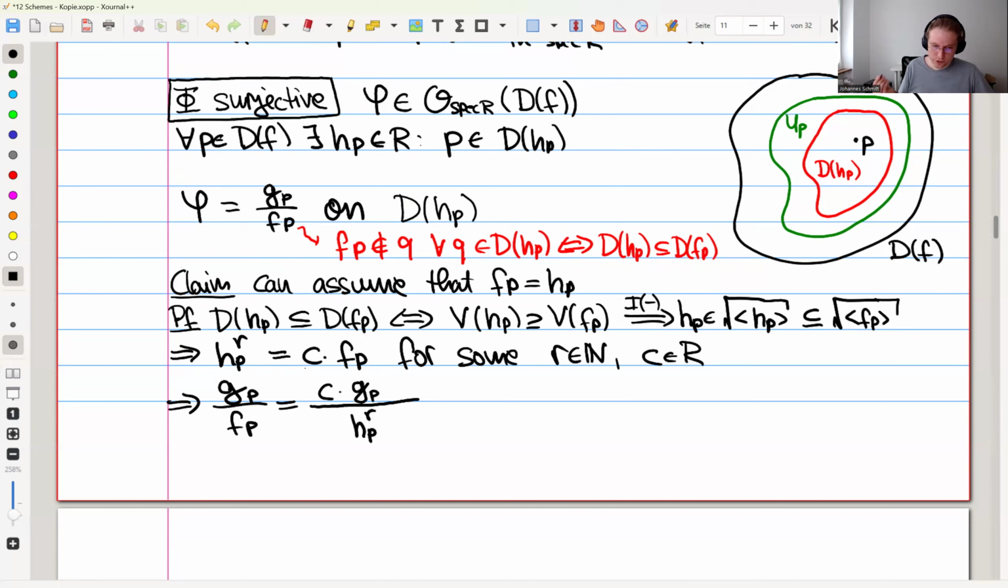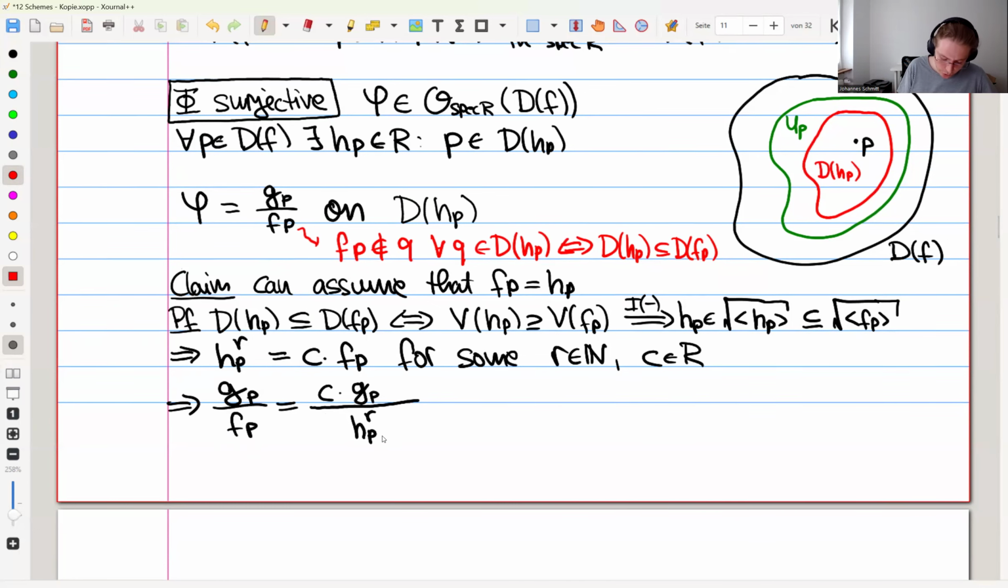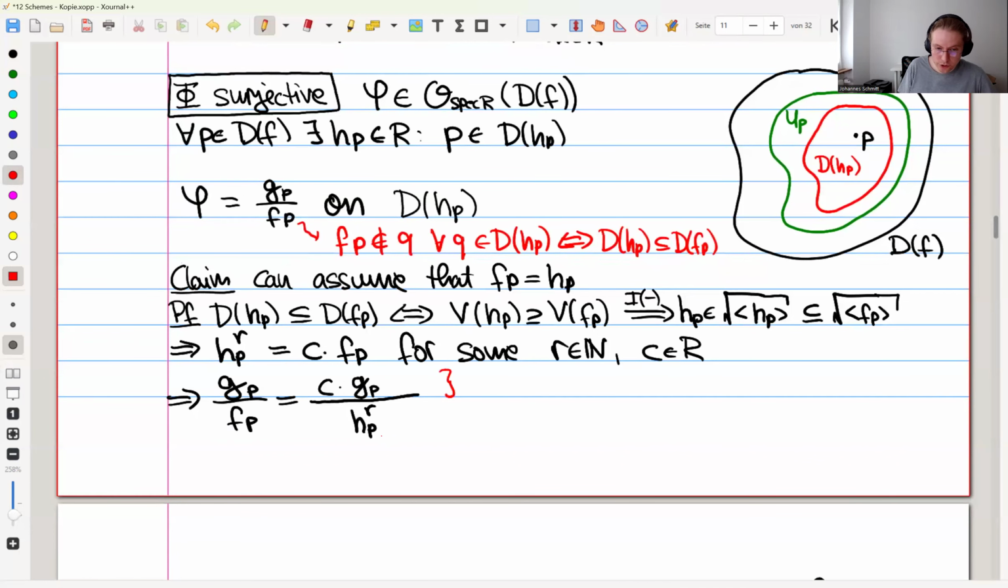So basically just multiply it out and then you see this. Okay. And so the phi was given by this thing, and now we just replace the old GP by this C times GP.